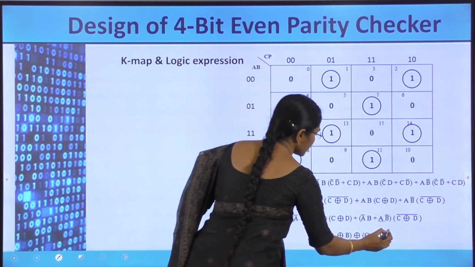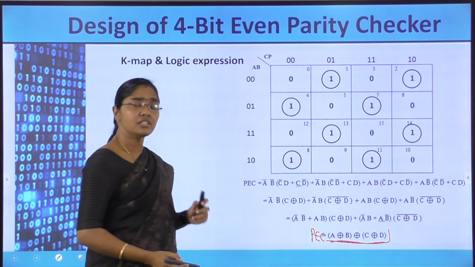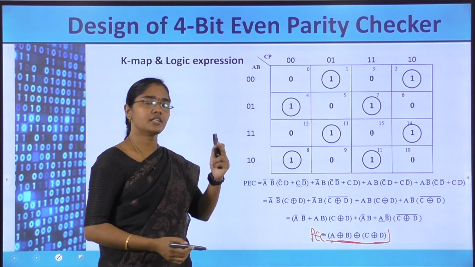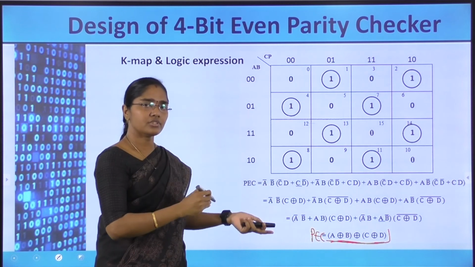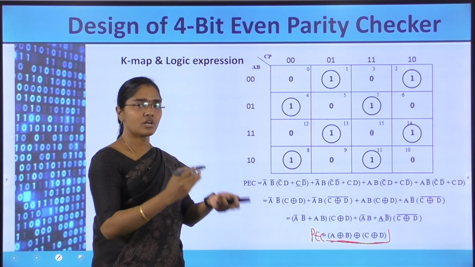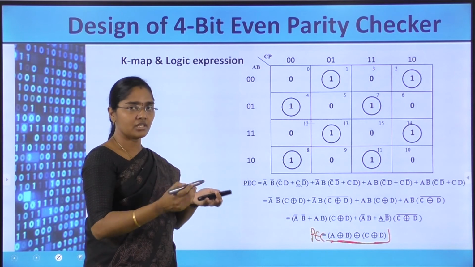Just remember this expression. For the parity generation also we have seen A XOR B XOR C for the generation case. Here for the detection, A XOR B XOR C XOR D, or P, that fourth bit.